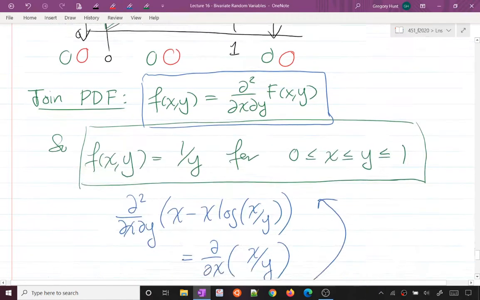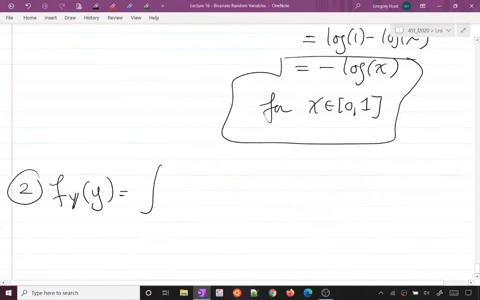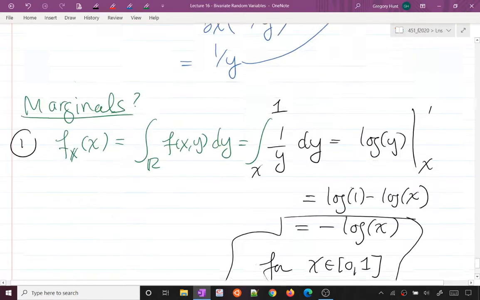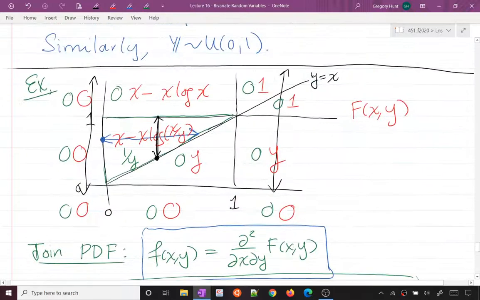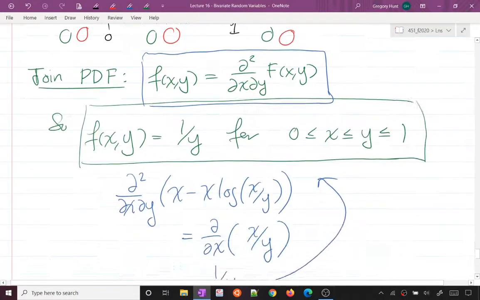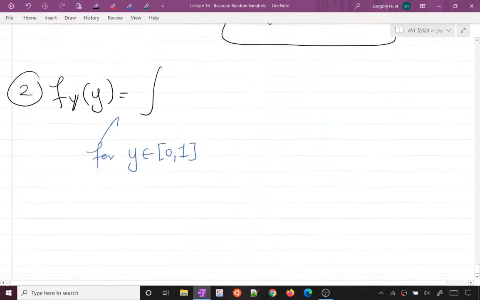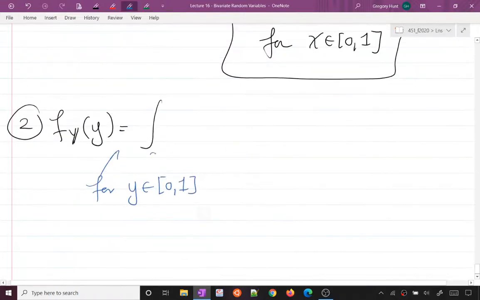So for y in the interval 0 to 1, I am going to integrate from 0 to x, or 0 to y, right? And integrating my joint is just 1 over y still, and I'm integrating with respect to x.